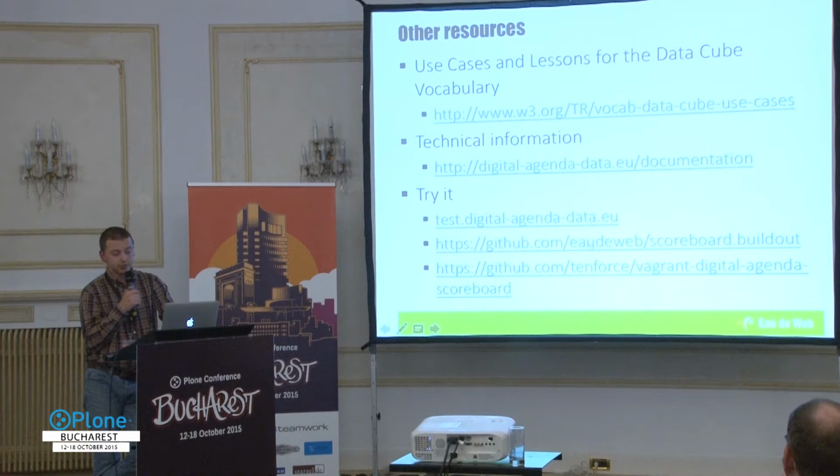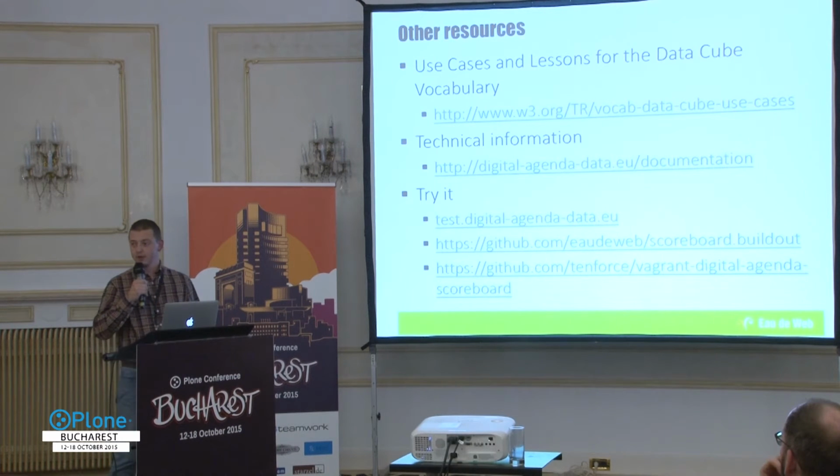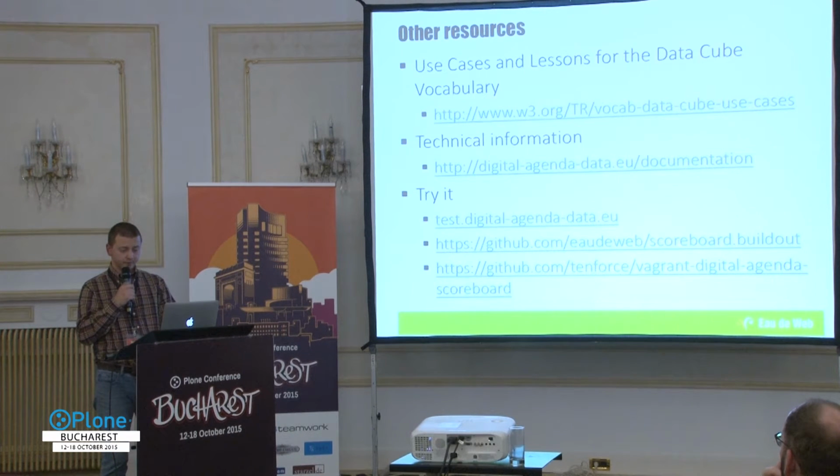Probably it will be moved soon when the contract ends. And there is also a Vagrant setup that builds everything in a virtual machine, including a snapshot of the current data, so you can actually get the real website. That looks like that.